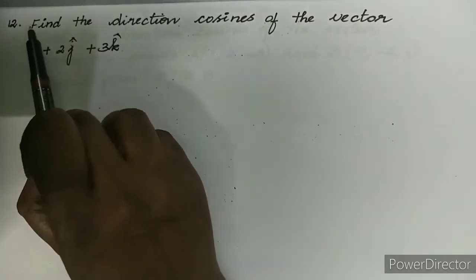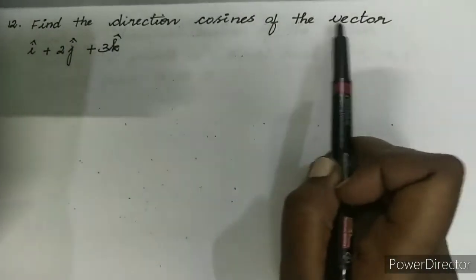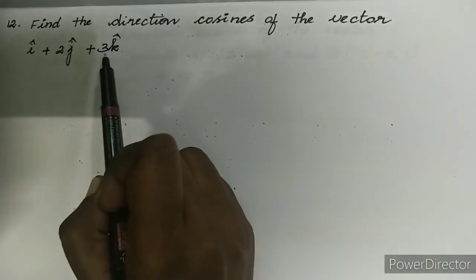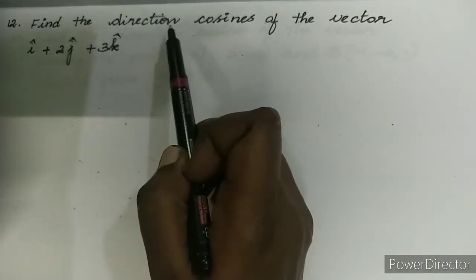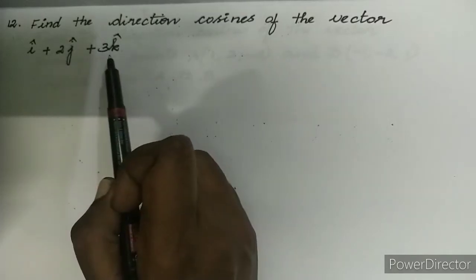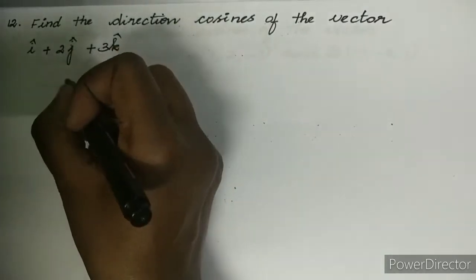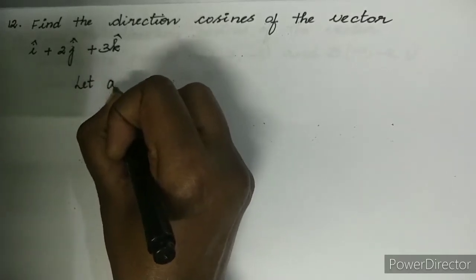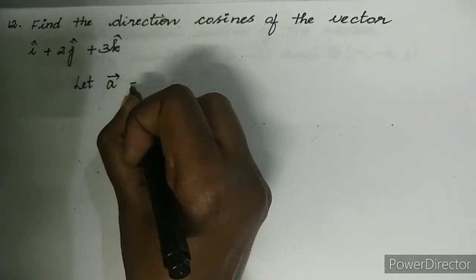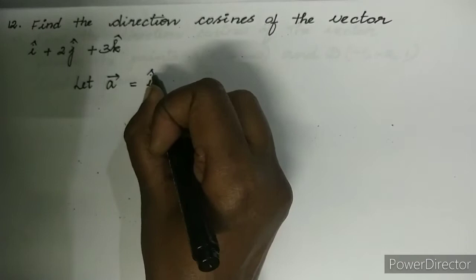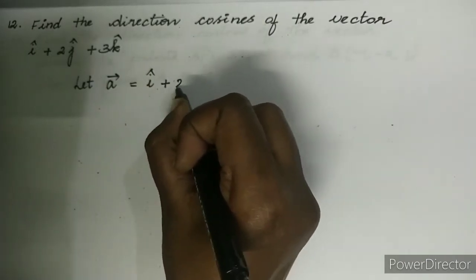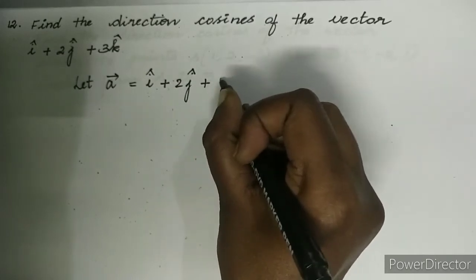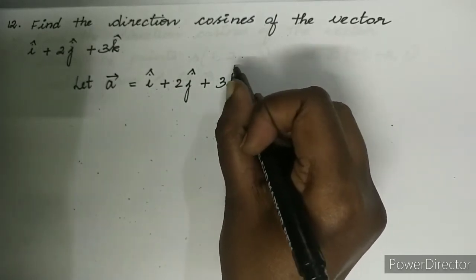Question number 12. Find the direction cosines of the vector i cap plus 2j cap plus 3k cap. We are going to find the direction cosines for this vector. So let us consider this vector as a vector. Let our a vector be equal to i cap plus 2j cap plus 3k cap.